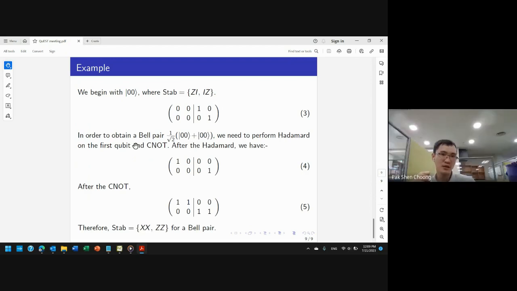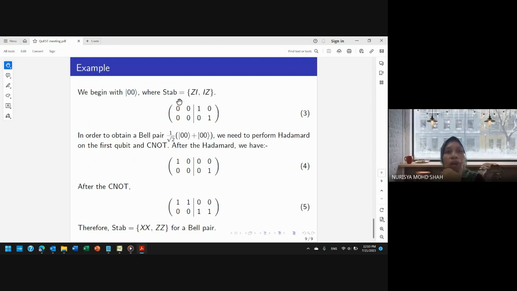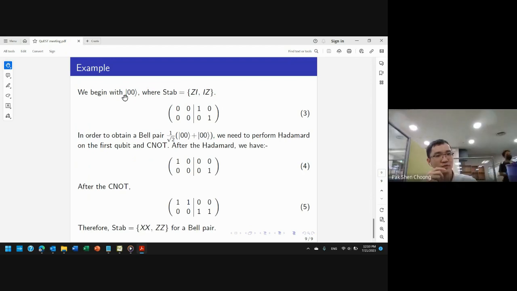But I think you also need to be careful a little bit, because here I don't trace the plus and minus sign. If you start from 00, the generators should be minus IZ and minus ZI.